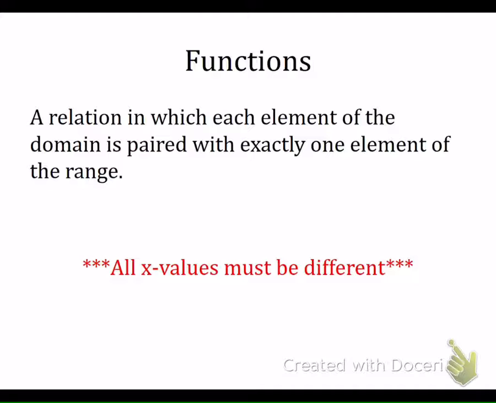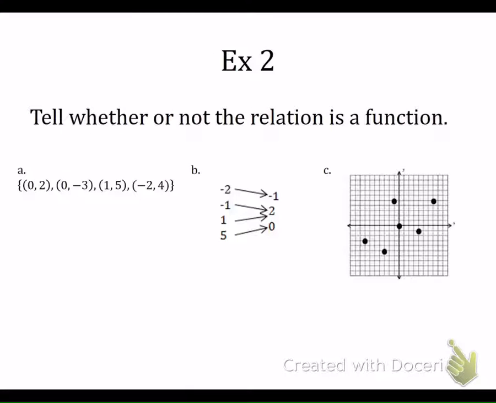Like you can't have the 2 ordered pairs like 2, 5, and 2, 7. See how the x is repeating? That would make it not a function. So all the x's have to be different if it's going to be a function. Any questions? We'll look at some examples too. That's just kind of the easy way to describe it.